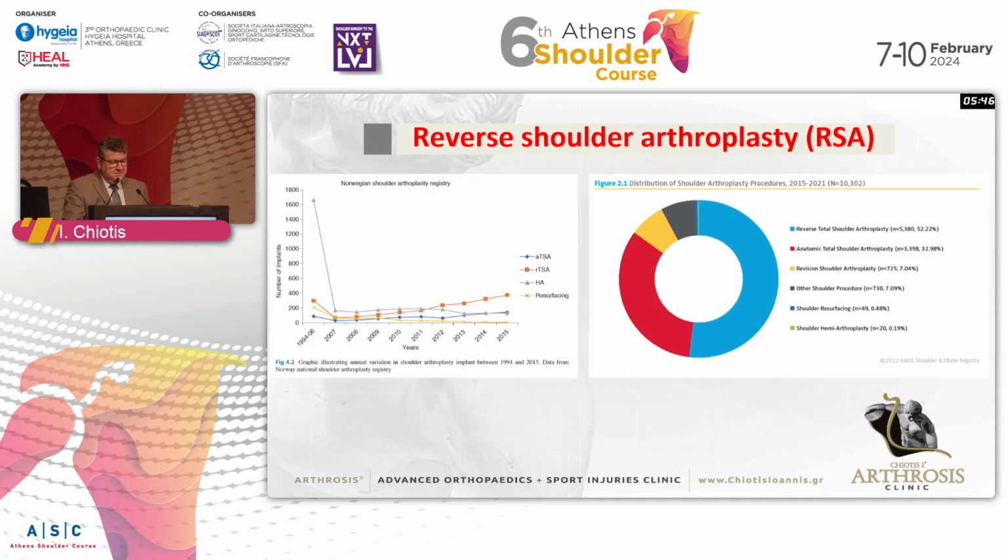As we see, the number of reverse shoulder arthroplasty procedures increased with time. In the right table, we have the Norwegian shoulder arthroplasty registry, and on the other, a registry from AOS, with a big part of the procedures being reverse shoulder arthroplasty.